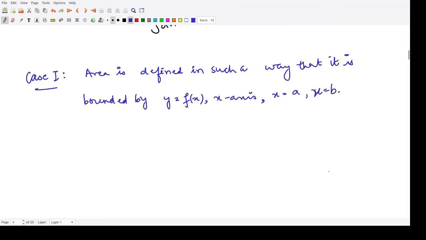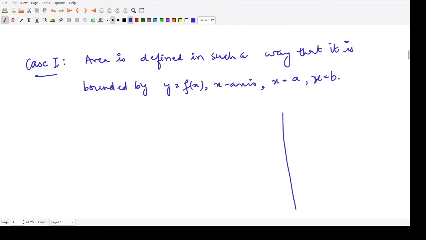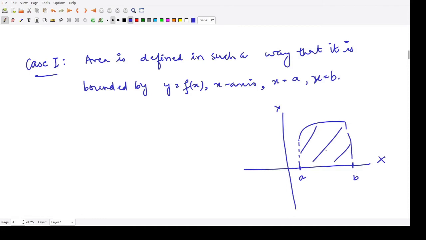So what kind of area we would have? So suppose this is the curve, this is x-axis, this is the y-axis, this is the point x is equal to a, this is the point x is equal to b, then our area would be this whole portion. So out of this whole portion, now if I take this small strip over here, this is very small thin strip that I am considering.